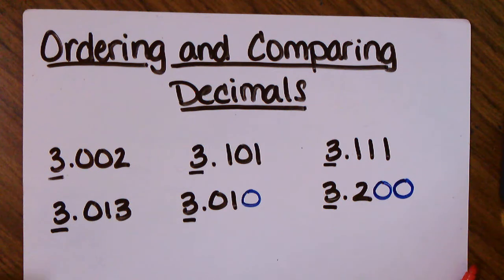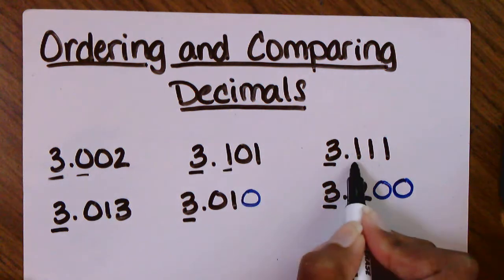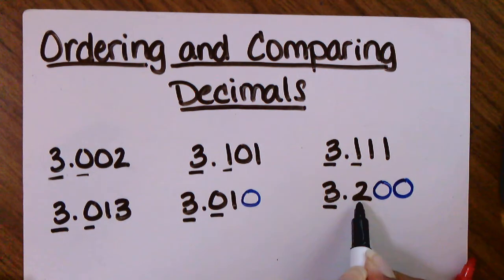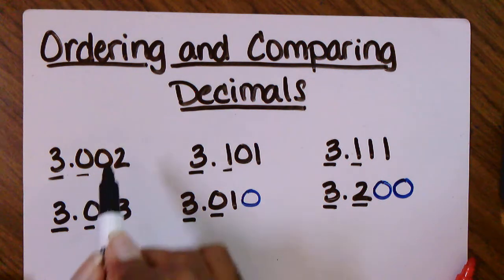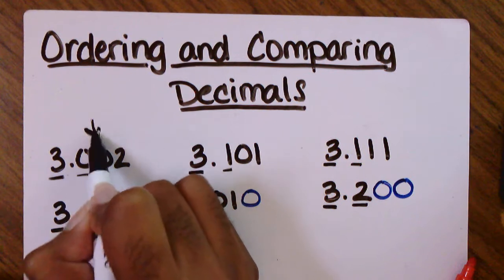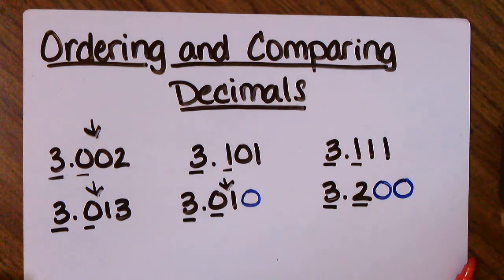Now if we look at our tenths place, we have a 0, a 1, a 1, a 0, and a 2. So we can definitely say that this number and this number are going to be the smallest. Now we're looking at just these 3 numbers because we have a 0 and we know that 0 is less than 1 and 0 is less than 2.